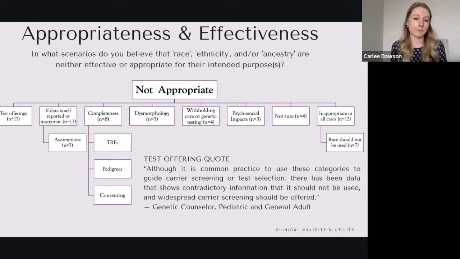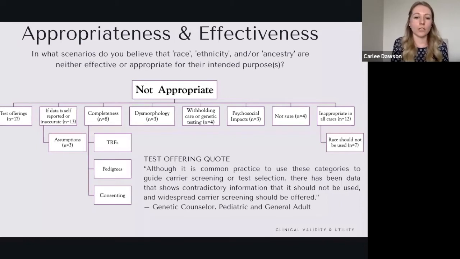And this participant shared, although it is common practice to use these categories to guide carrier screening or test selection, there has been data that shows contradictory information that it should not be used, and widespread carrier screening should be offered. So regardless of someone's REA, comprehensive carrier screening or testing should be offered.